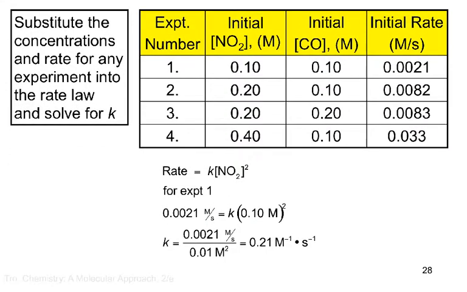So here we're just doing it for experiment 1. We have our rate that we plugged in. We're solving for a k value. We have our initial concentration that we're squaring. This one doesn't matter, it didn't affect the rate, so we don't have to put anything in there. If we do our math, we can find that k is 0.21 per molar per second.